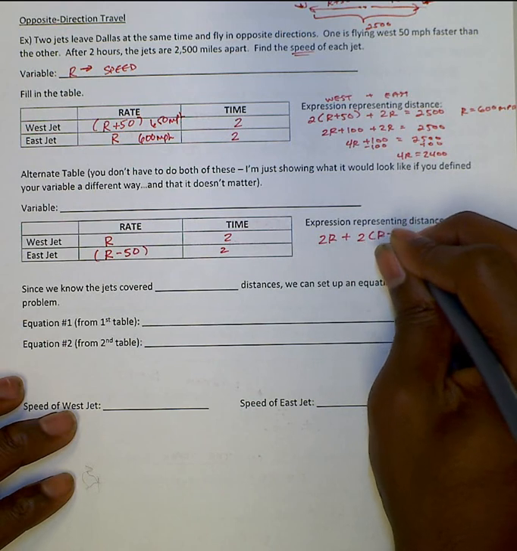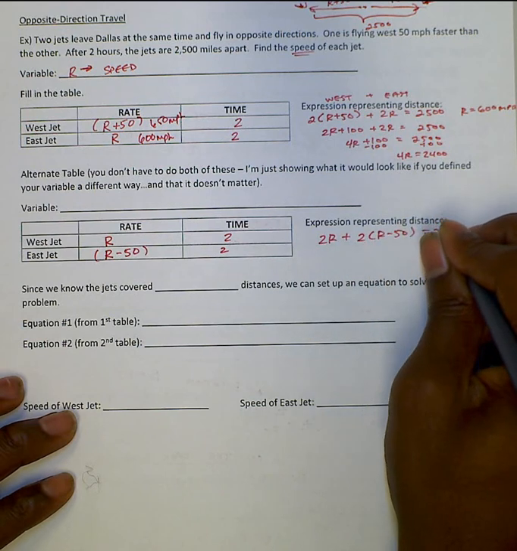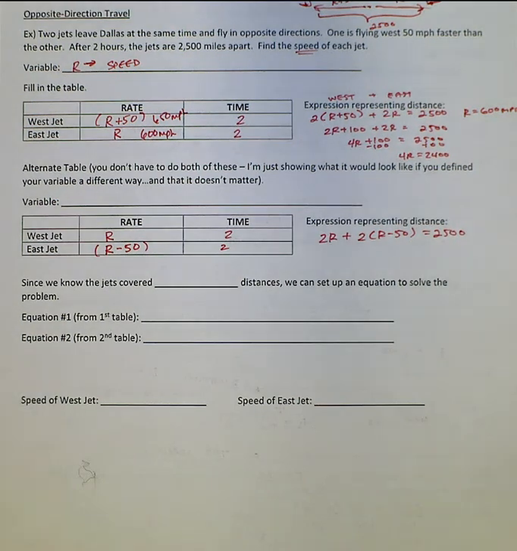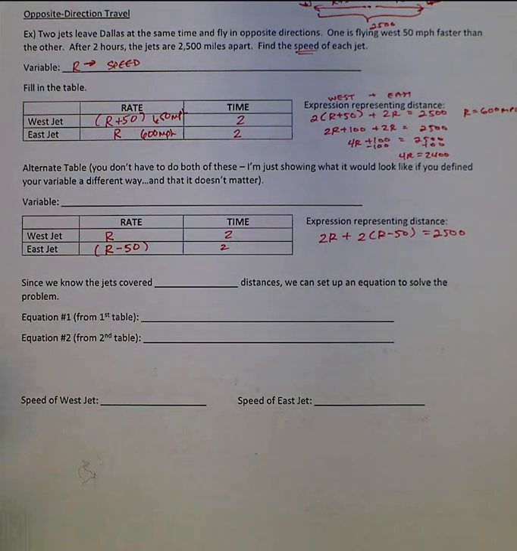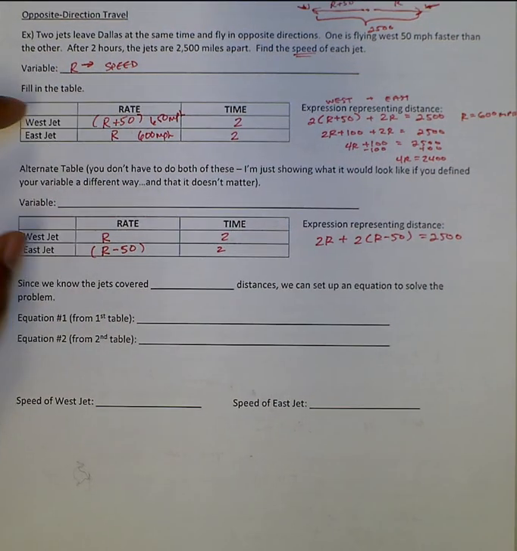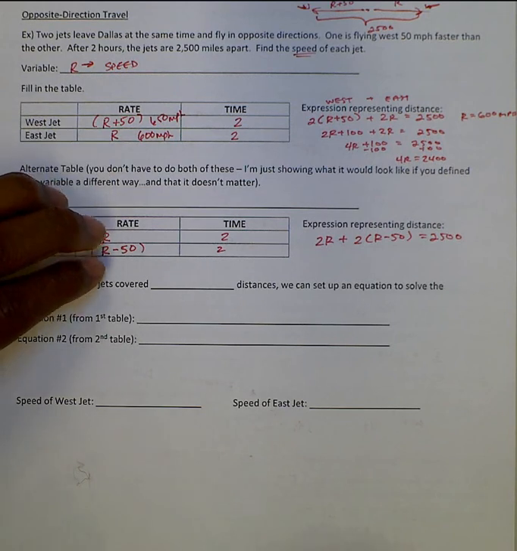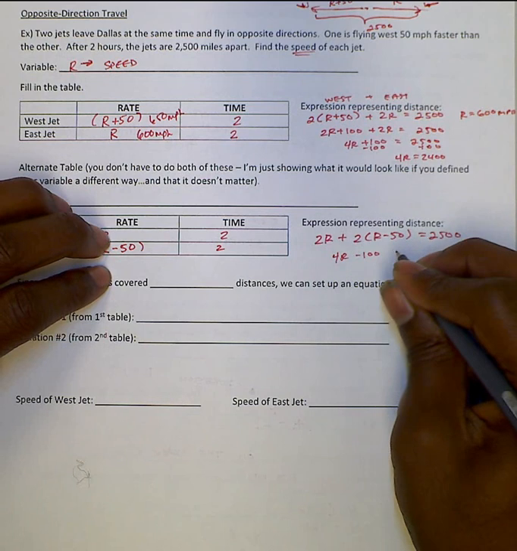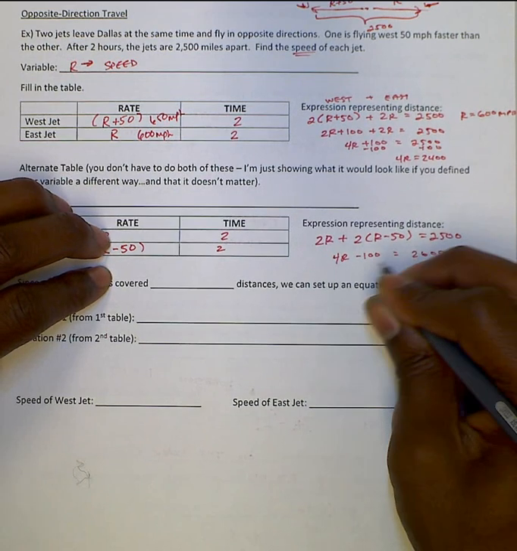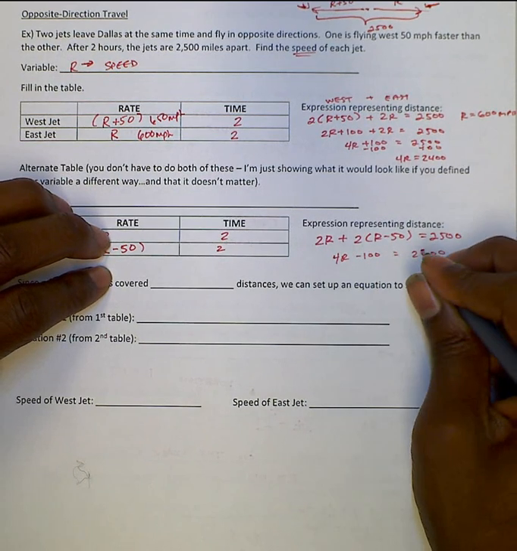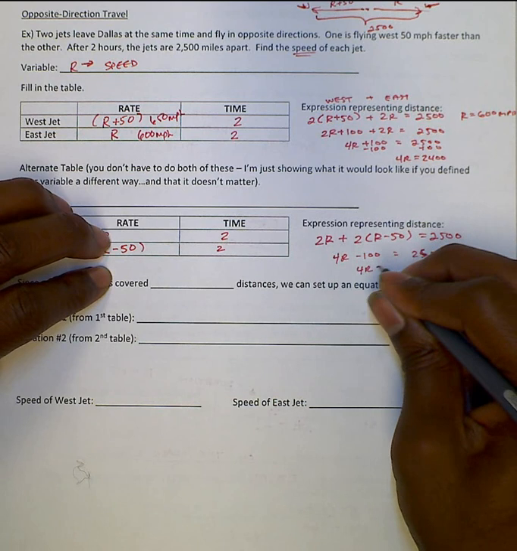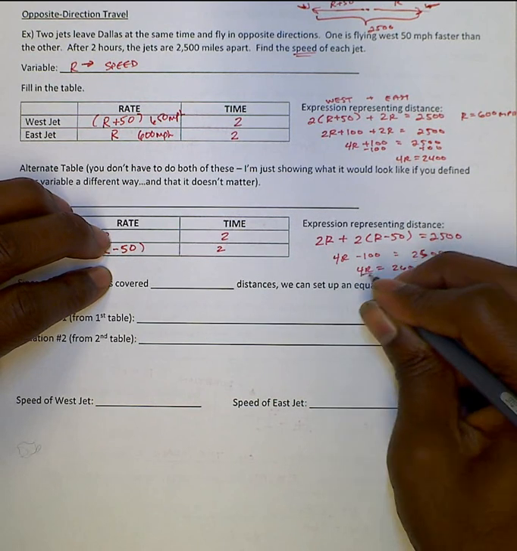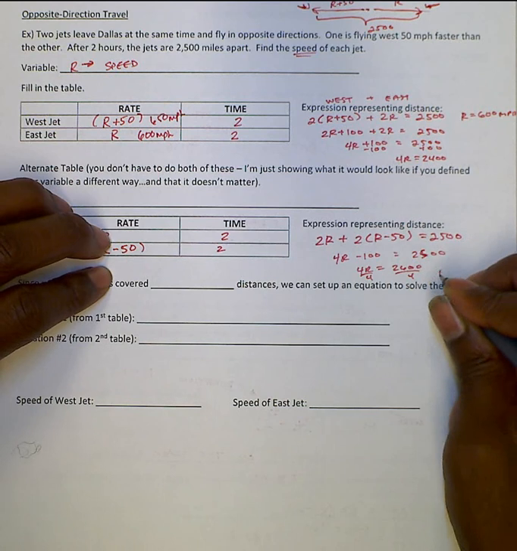So notice if you set it up this way, if you said, hey, this is R minus 50, not R plus 50, you could do that with the different planes, but however you solved it, you would have found that for R minus 100, 2600, sorry, 2500, so 4R would equal 2600, divided by 4, you would have got R to be 650.